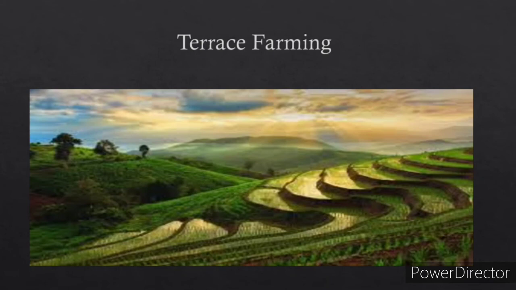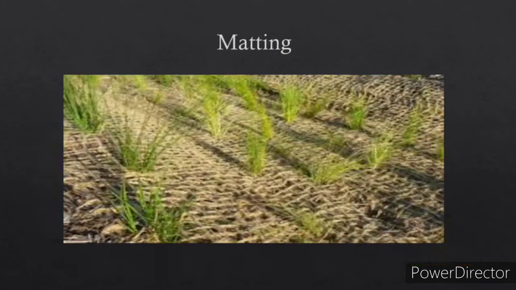Suitable crops are cultivated on hill slopes to prevent the running down of soil due to water and wind. Here you can see how terrace farming can be useful to prevent soil erosion.